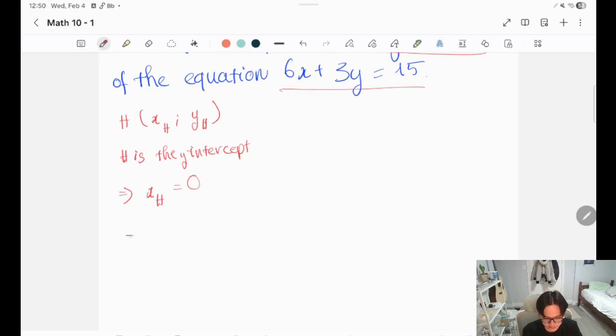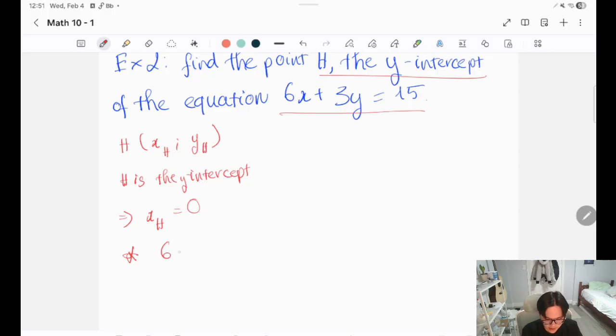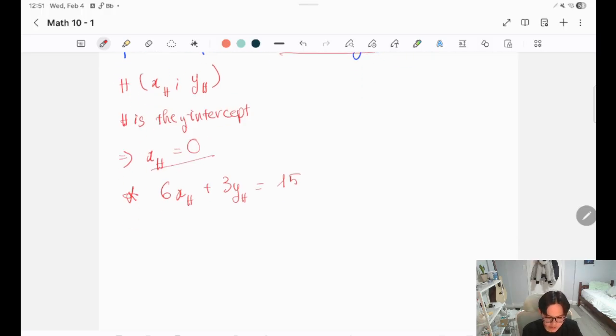So we got 6xh plus 3yh equal to 15. And because xh is equal to 0, 6 multiplied by 0 plus 3 multiplied by yh is equal to 15.